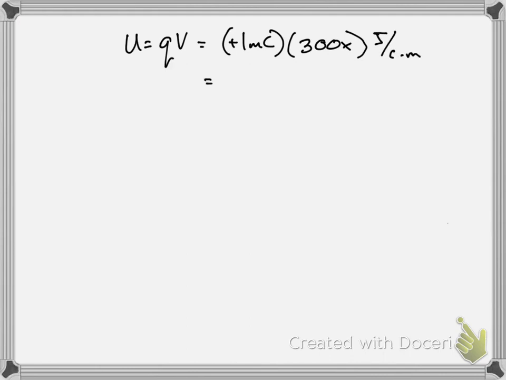So therefore, U is equal to 0.3x joules per meter, where again, x is just the distance along the plus x axis. So U increases as I move to the right along the plus x axis.